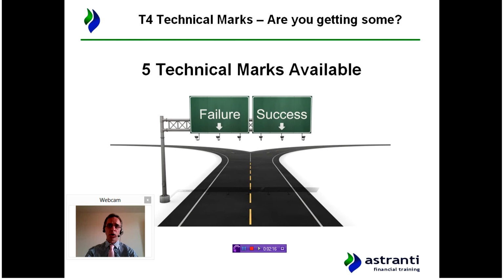There are a few others linked into this area, but let's just concentrate within this short webcast on these 5 technical marks. As I said at the start of this webcast, this could be the difference between you passing and failing. This could be the difference between 24 and 25. I'll explain a little bit more of what I mean in a minute.